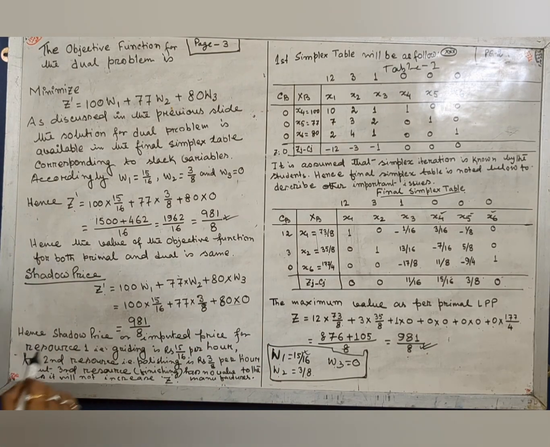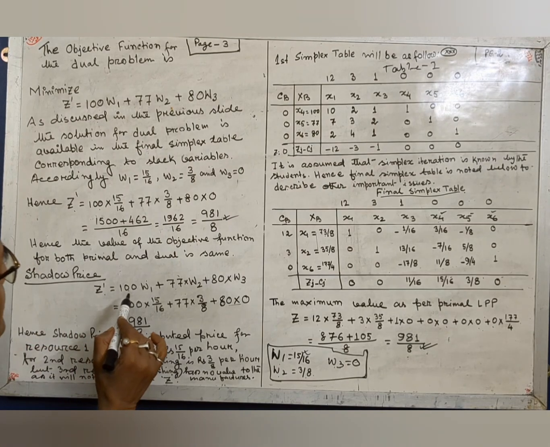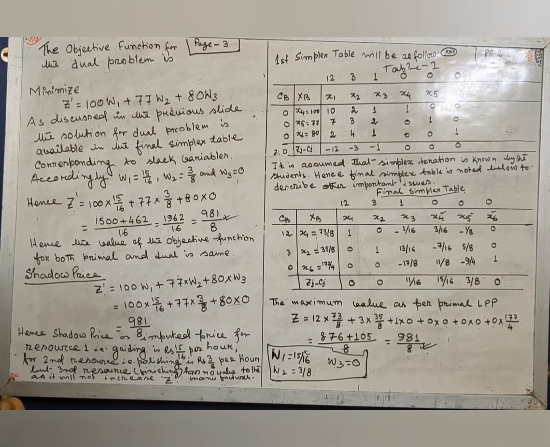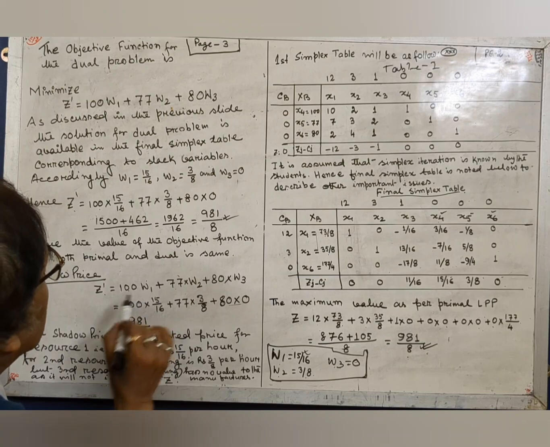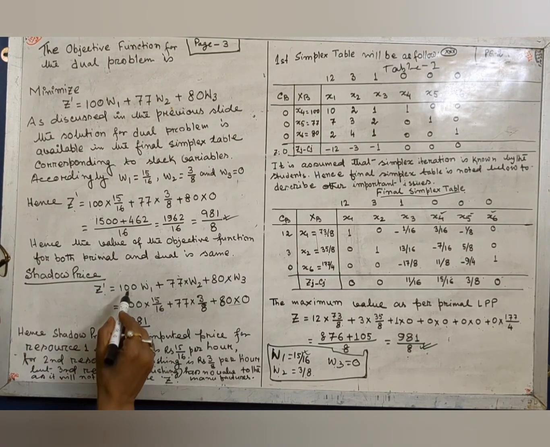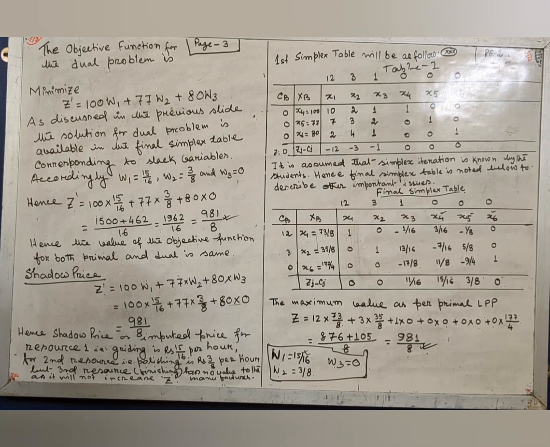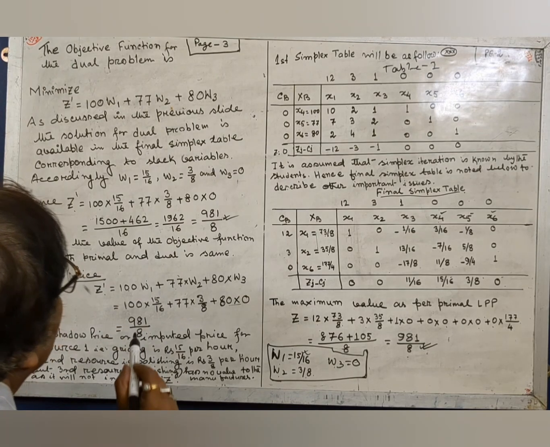Now see one thing. What will happen if the constraint, that is the limited resources in this problem, the 100 hours for grinding, is increased by 1 hour, that is in place of 100 it is 101? Then what will be the effect on the objective function?